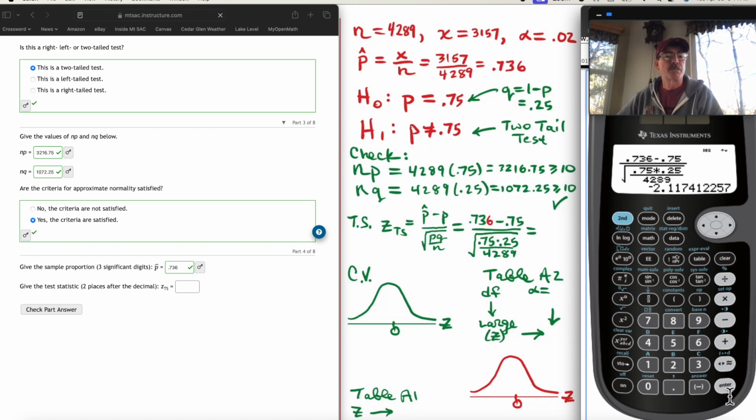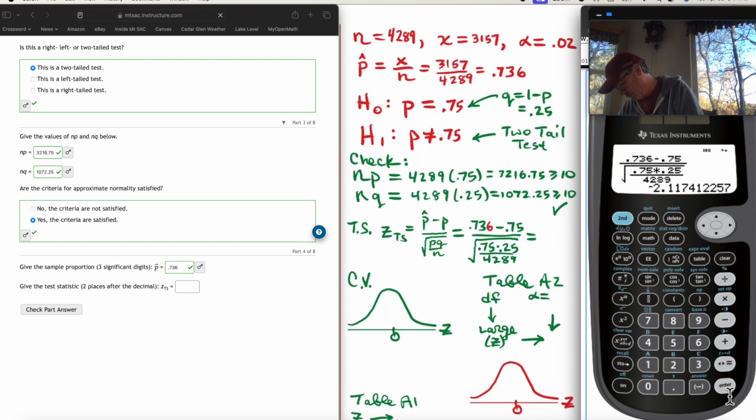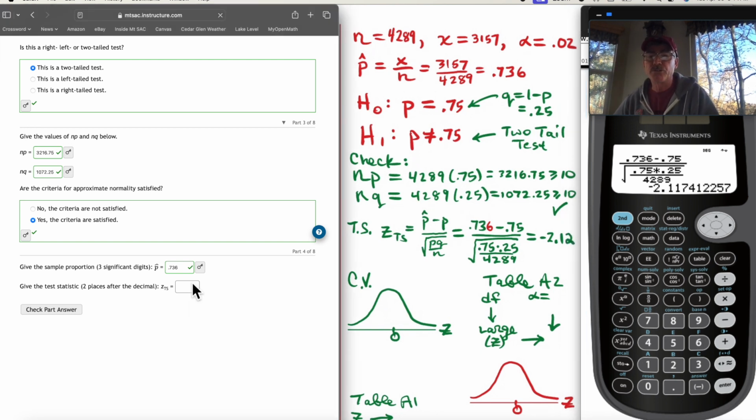And let's see how it comes out. All right, so this is negative 2.117. We'll call it negative 2.12. Right? Yeah, negative 2.12. Okay, so let's put that in and keep our fingers crossed.